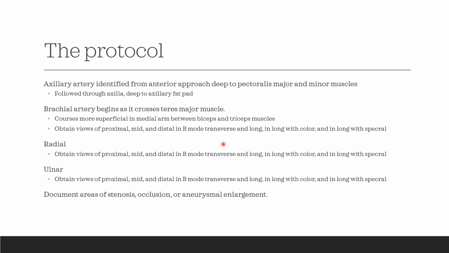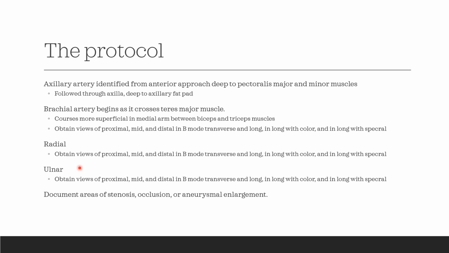Once you have completed evaluation of the brachial artery through the distal region, you're going to see it bifurcate into the radial and ulnar arteries. And here you're going to want to assess the radial and ulnar arteries in proximal, mid, distal, in that same pattern, using B mode transverse, B mode long, color spectral, and taking our peak systolic velocity readings at proximal, mid, and distal regions.